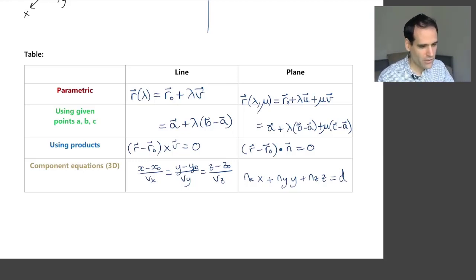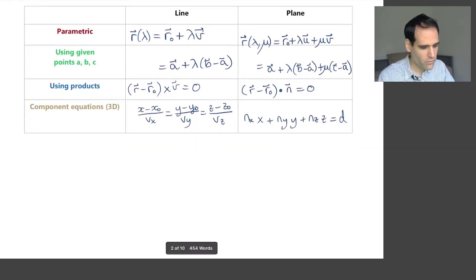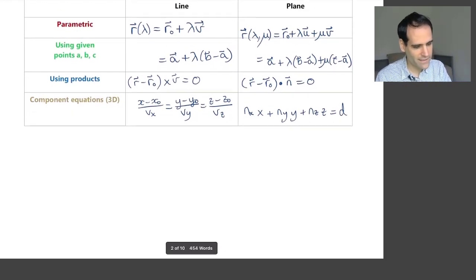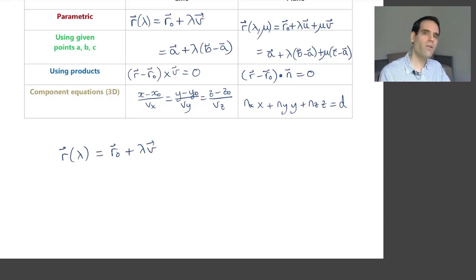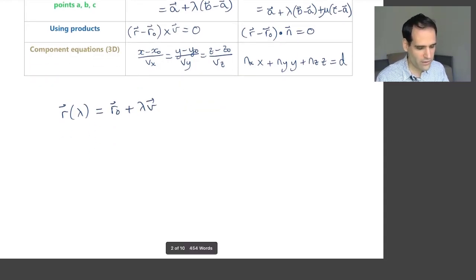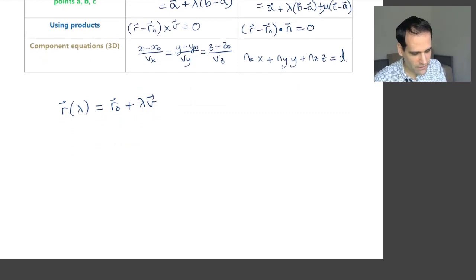But what I noticed that some of you don't understand is how you can actually get the component form from the parametric form. For example, r of lambda equals r0 plus lambda v. That's the parametric form of the line, right? You can write vector r as x of lambda, y of lambda, z of lambda.